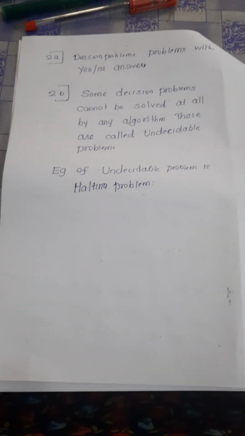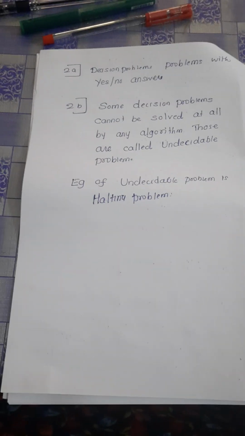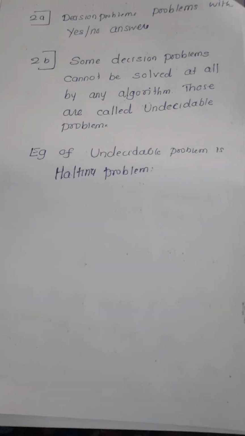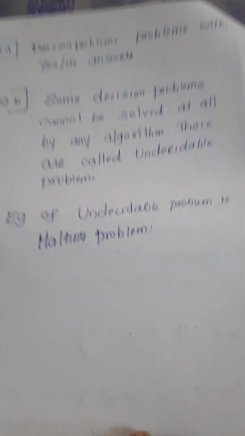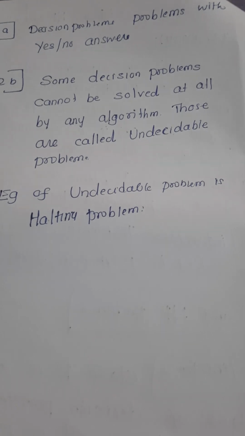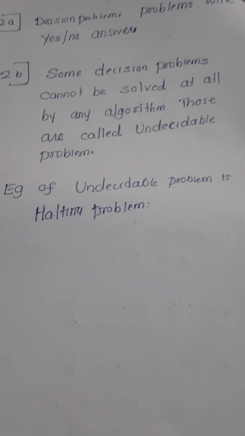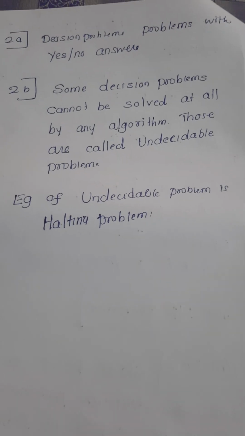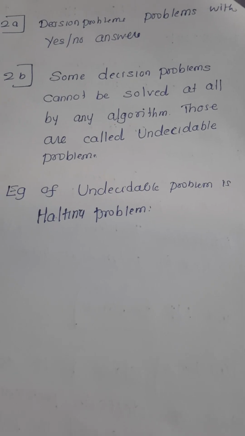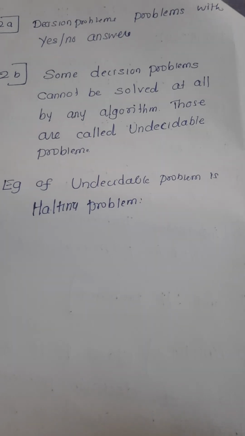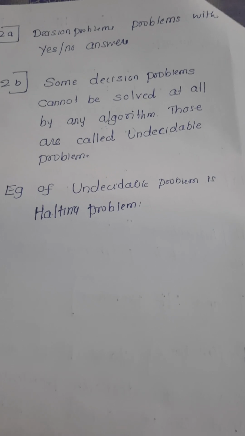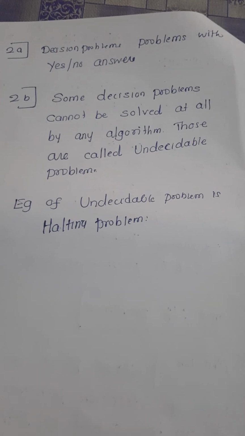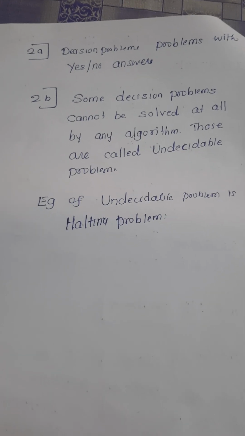The next definition: what are decision problems? Decision problems are problems which have an output of yes or no. When the answer is yes or no, we call it a decision problem. The next important thing is the undecidable problem.